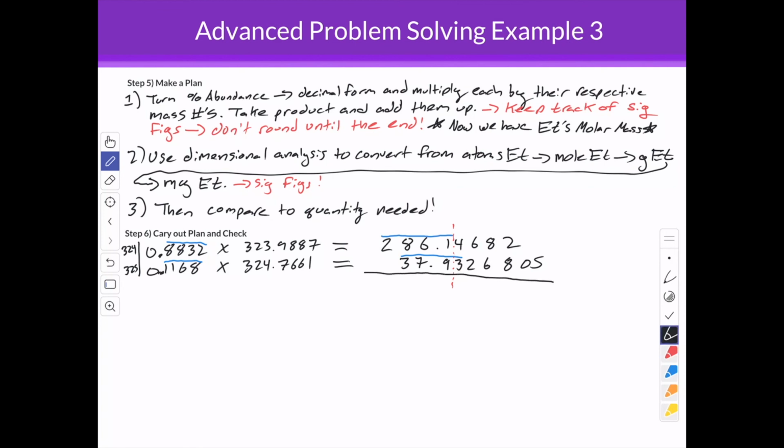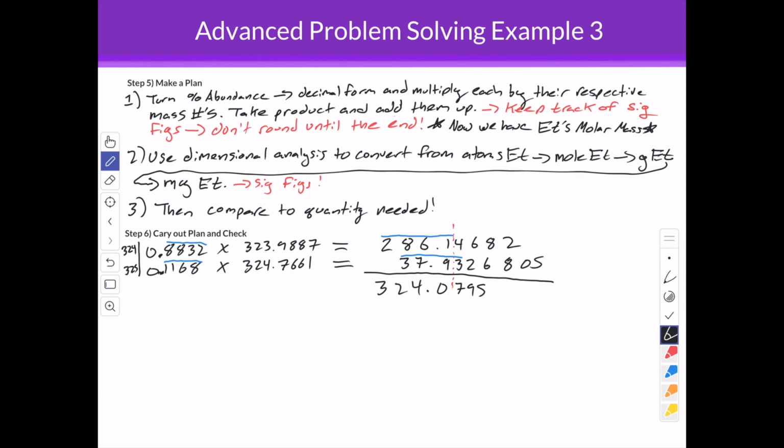So we add those. 286.1468 plus 37.9326. Well, that's not right. I need to do that again. 286.1468 plus 37.9326 gives 324.0795.